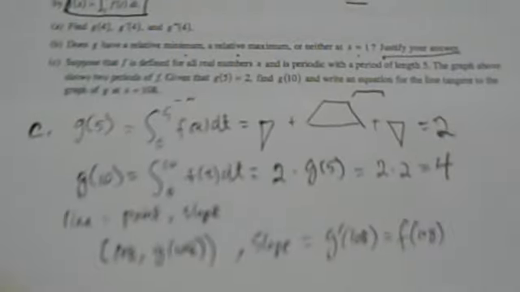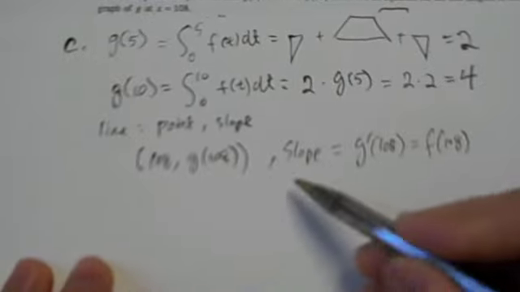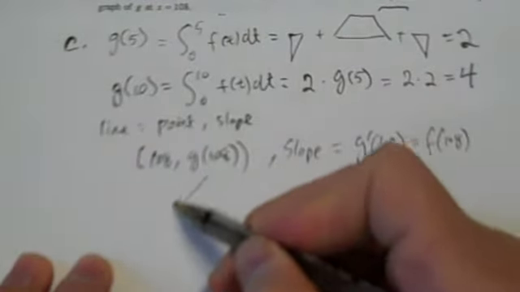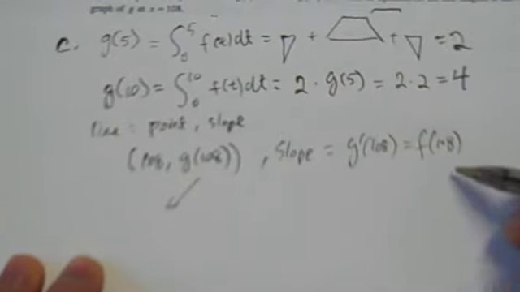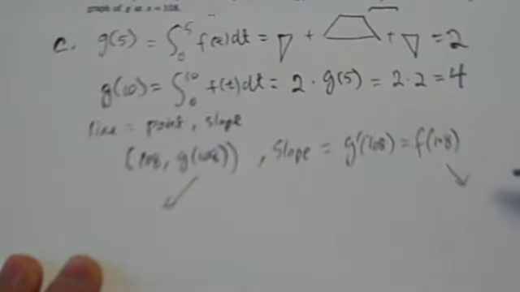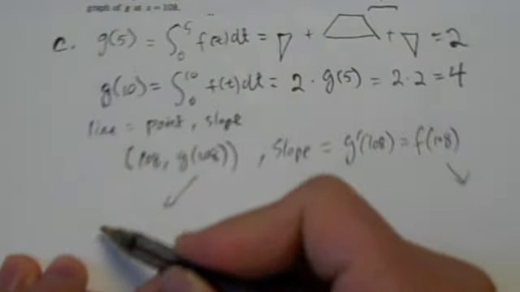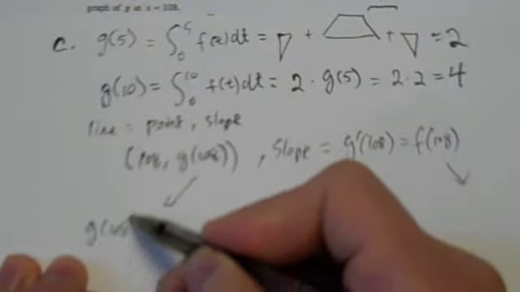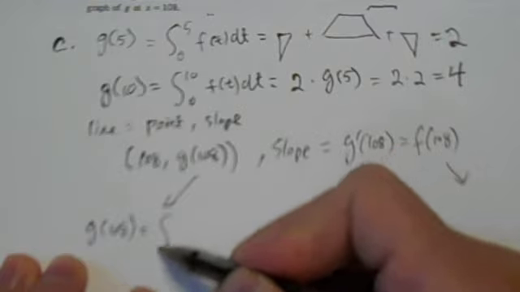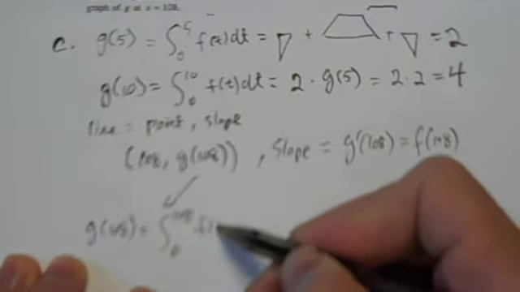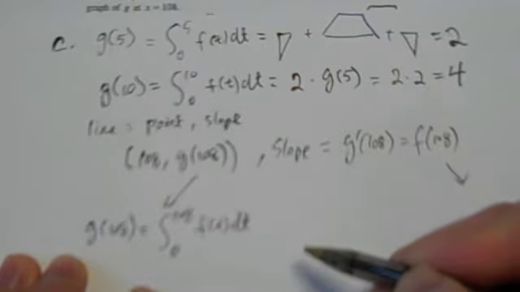So we had two different jobs here. We had to find out what this is, and we had to find out what this is. You see? So let's start with g of 108. Now g of 108 simply means the integral from 0 to 108 of f of t dt.